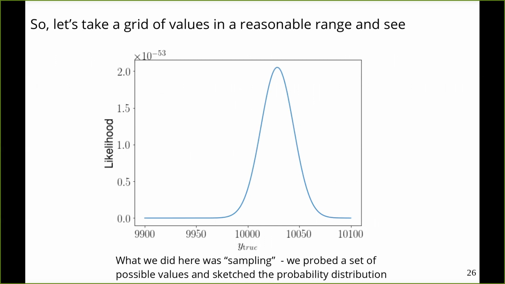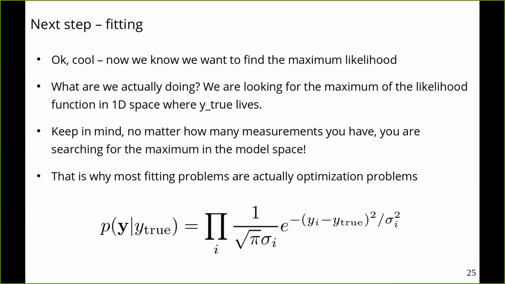What I can do is go through a given set of possible solutions for y true that I think are plausible, and calculate this likelihood, which should have the same shape as my posterior probability.